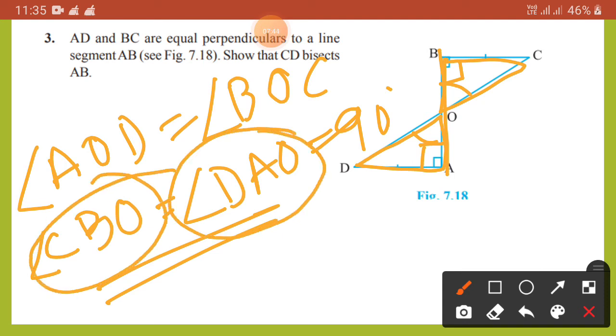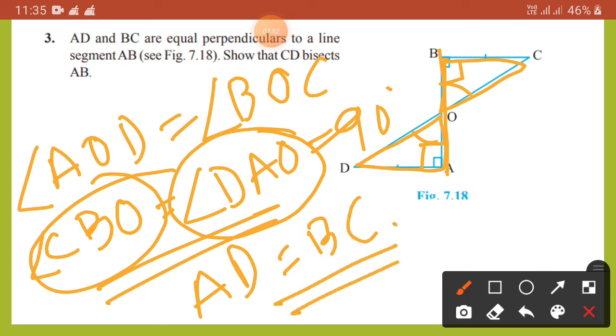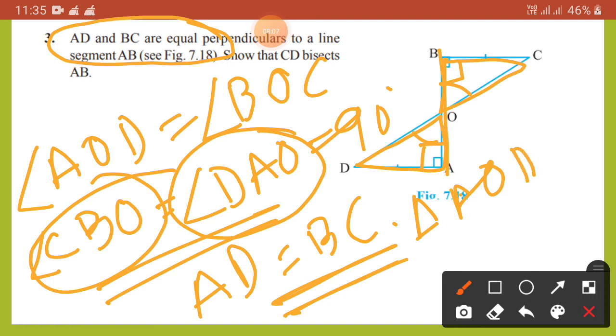And in the question, AD equals BC is given. Here AD and BC are equal perpendiculars, so we can say that AD equals BC. So by using AAS congruence, we can easily say that triangle AOD is congruent to triangle BOC. Okay, got it?